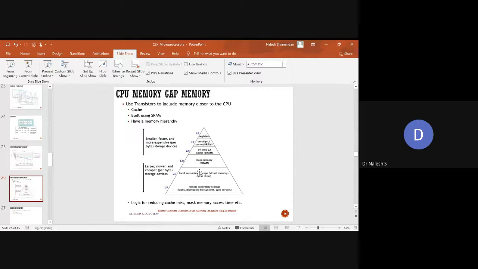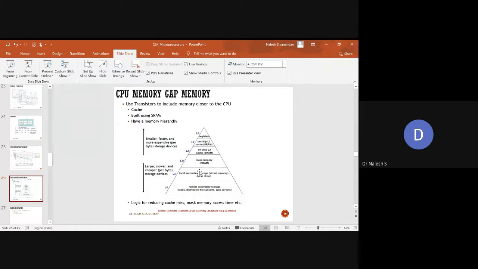Spatial locality means that when you use some data, data closer to that will be used too. For example, you have an array and you use the zeroth element of the array. There is a high chance that you are going to use the first element also. So instead of fetching 0 alone, you fetch 1 and keep it closer to the processor.